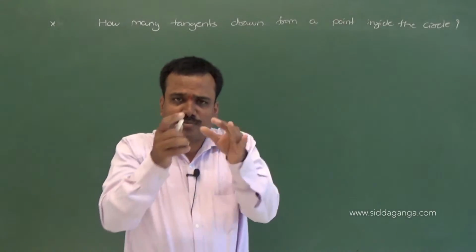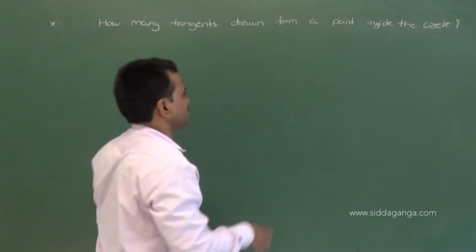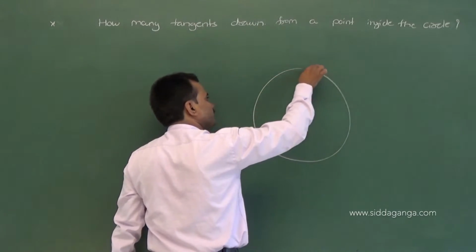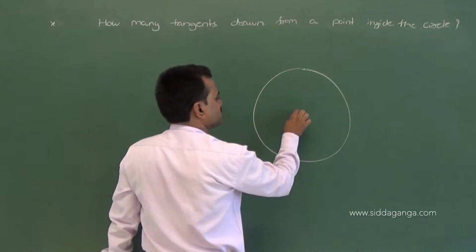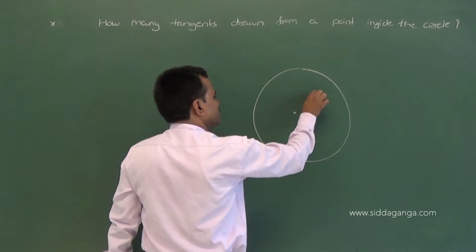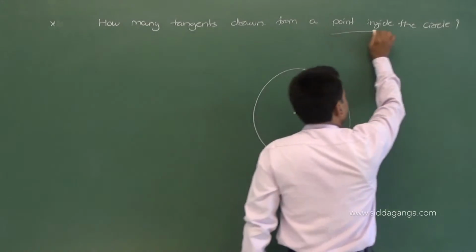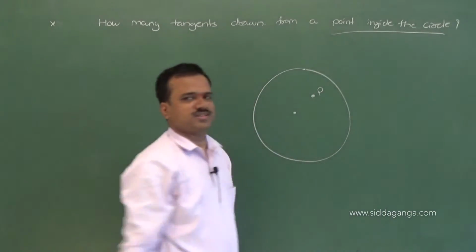That means the point lies inside the circle. This is our circle. This is the fixed point, and this point P lies inside the circle.